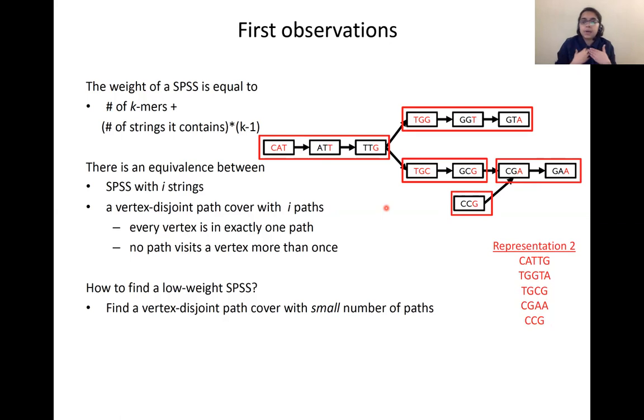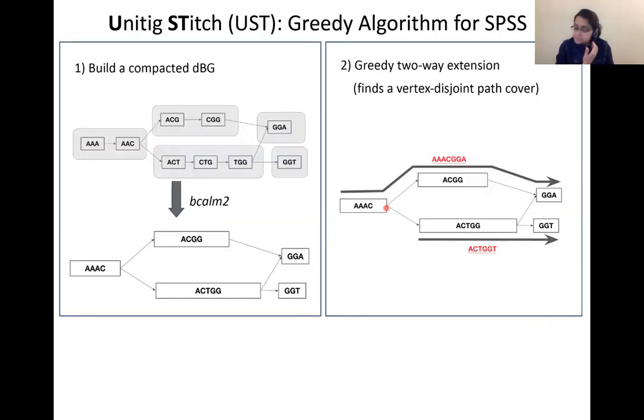So what we do is we propose a heuristic to find that. Our heuristic is called unitig stitch, or in short UST, because we start with a set of unitigs computed by the tool BCALM2.